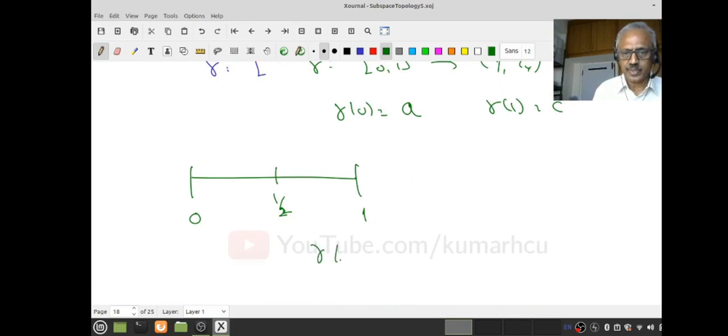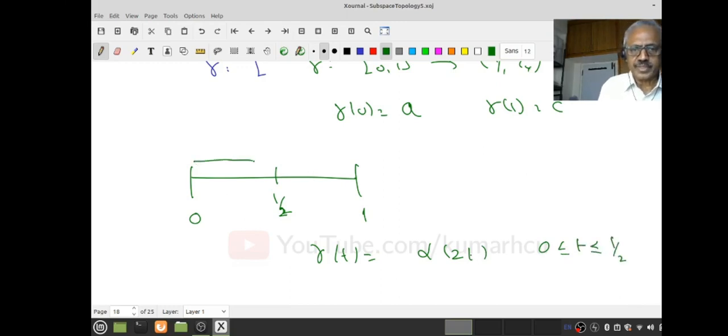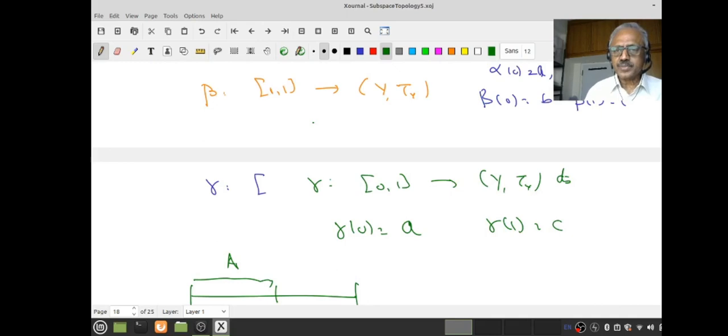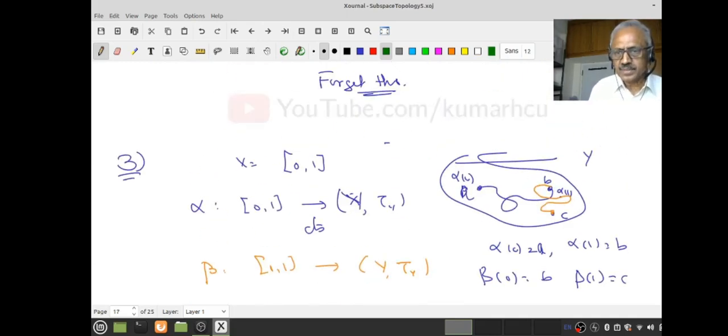So I define gamma t to be alpha of 2t for 0 less than or equal to t less than or equal to half. So this is your A1. And A2: within half the time I had reached B, then I take this second train beta.